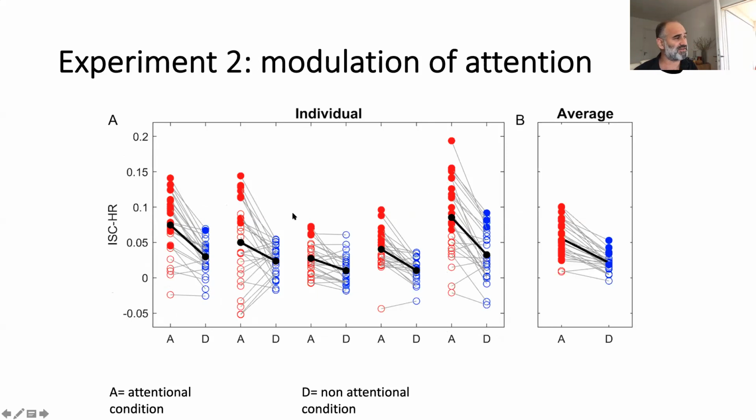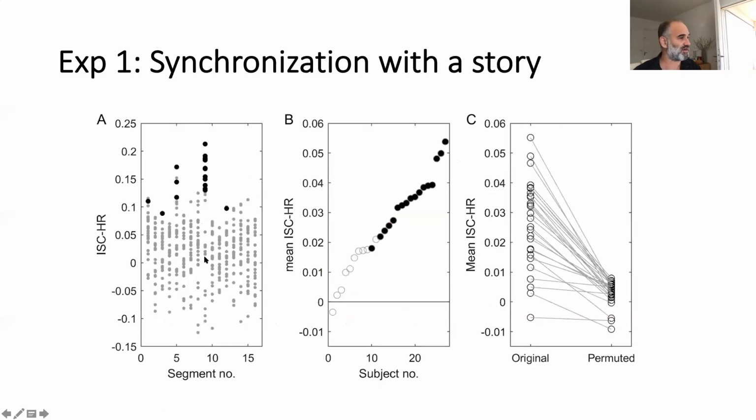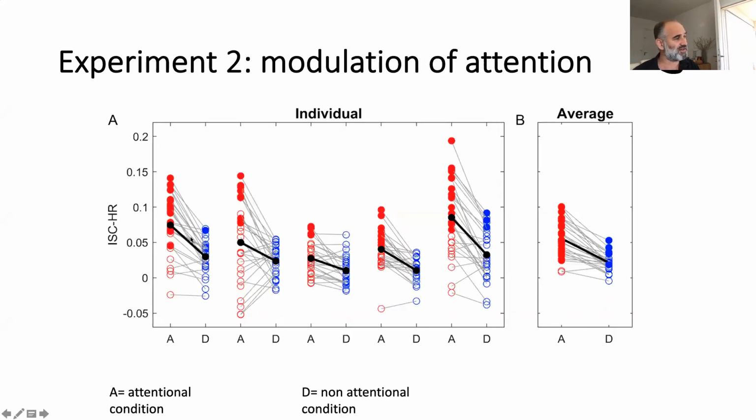Here, what you're seeing is the 5 stories used on the original study, and systematically there is a decrease on the synchronization when you're paying attention to the story. When you average the 5 stories, this result becomes even stronger.